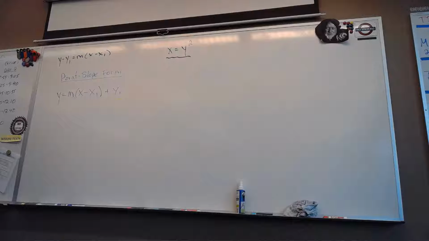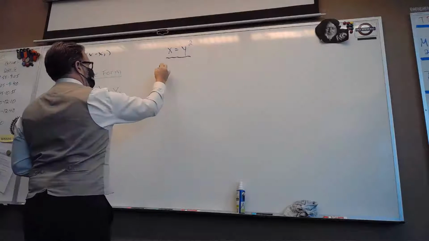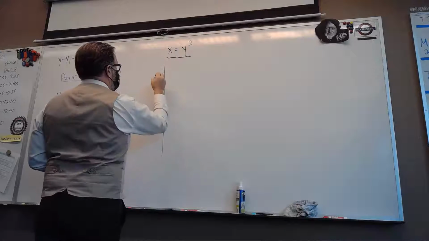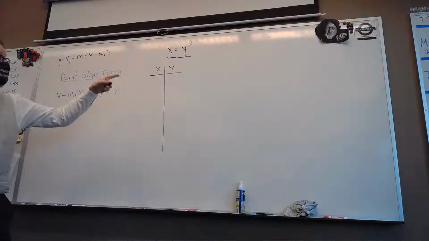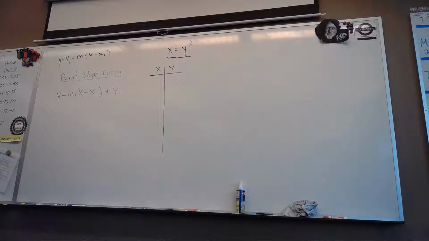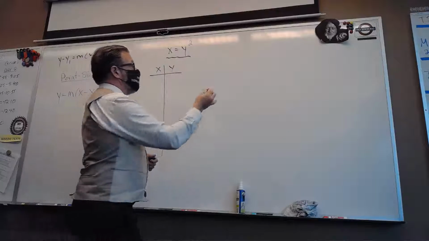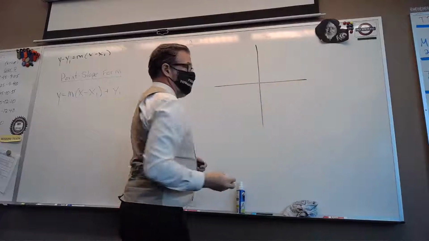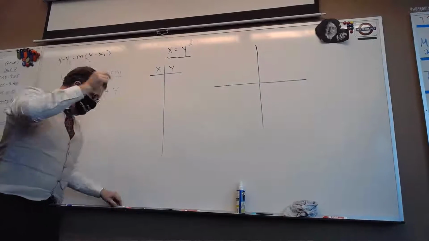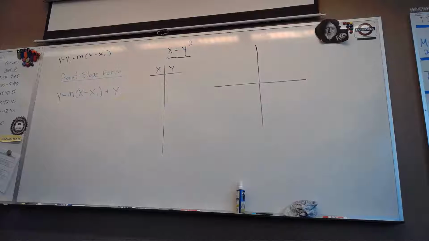Without a calculator, without Desmos, come up with as many pairs of numbers as you can that make that equation true. As many as you can. Just think about them in your head, just start jotting them down, pairs of numbers that make that equation true.